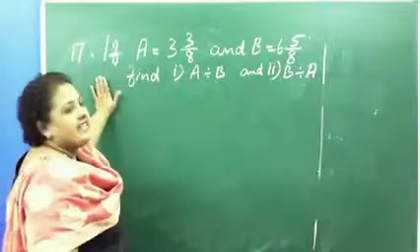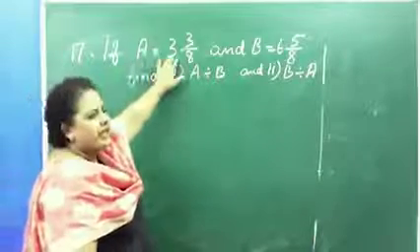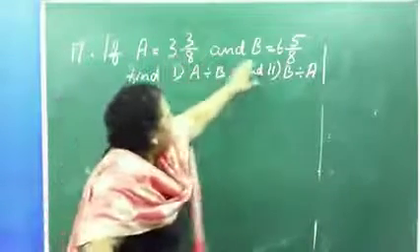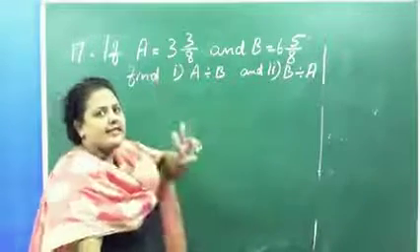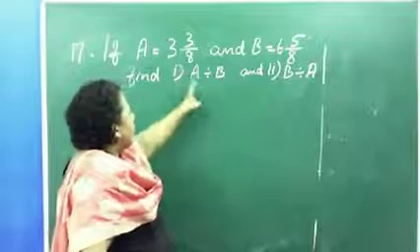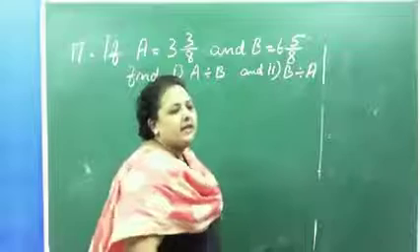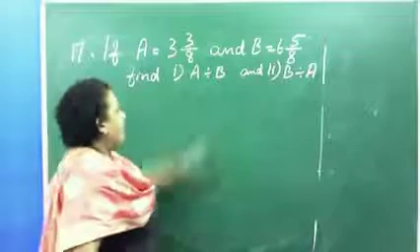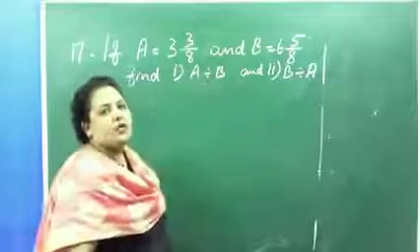Okay, so here is the 17th question. If A is equal to 3 by 8 and B is equal to 6 5 by 8, find two things. The first is A divided by B and the second is B divided by A. Here I will do only the first question; the second is homework for you.